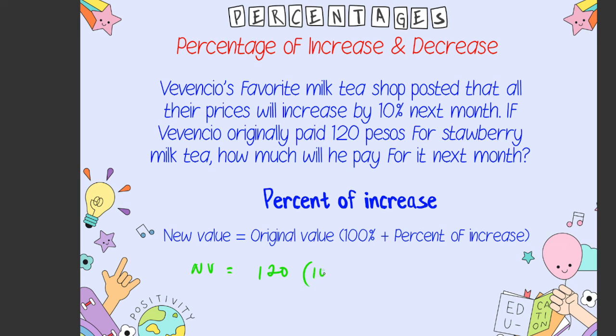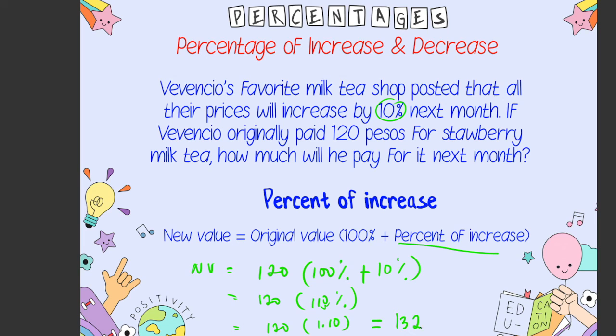Multiply that to 100% plus the percent of increase, which is 10%. So you have 120 times 110%. So that's 120 times 1.10. 132. So the new price for Viventia's favorite strawberry milk tea is 132 pesos.